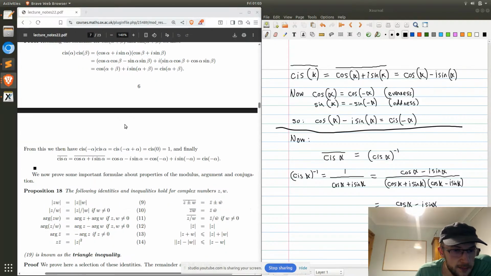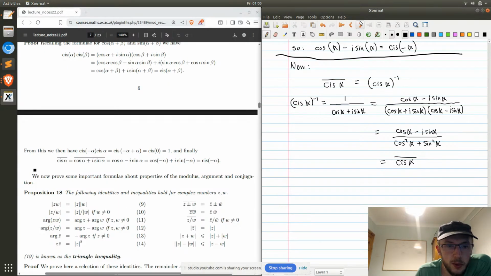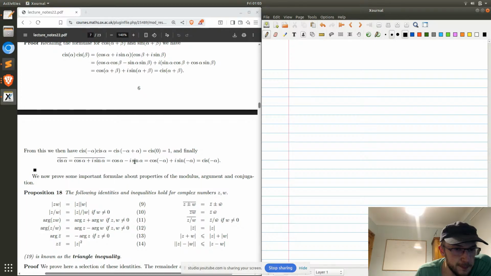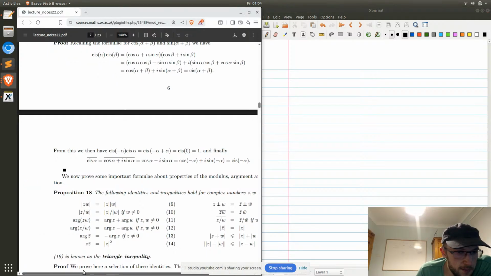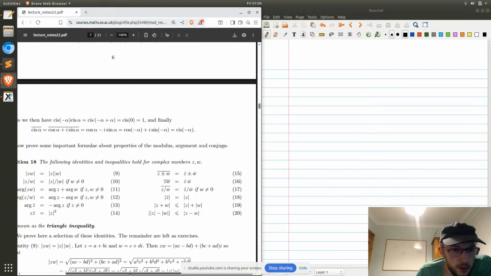Okay, now we have some super important properties. Wait, oh my goodness me, there's 12 of them, 12 independent ones.